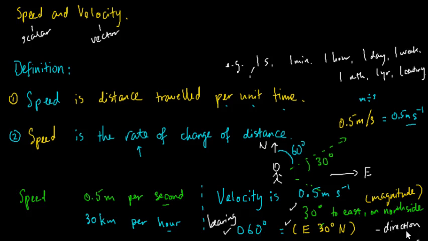Okay. So to emphasize the point again, when a question asks for velocity, you must always give the magnitude and direction. However, certain exam questions might be a little bit less strict in the way they use velocity.